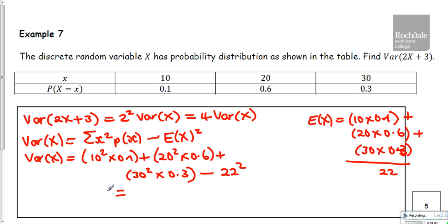Okay, type all that into your calculator, and I think when you do it all, it works out to be 36. So returning to the original question, the variance of the coded data would be 4 times the variance of x. That's 4 times 36. That would work out to be 144.